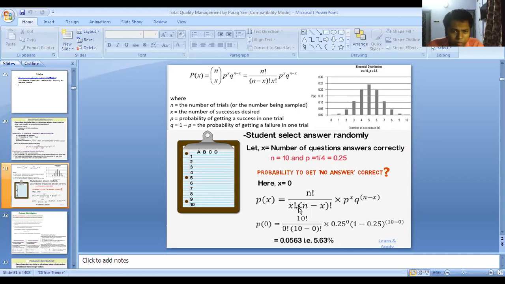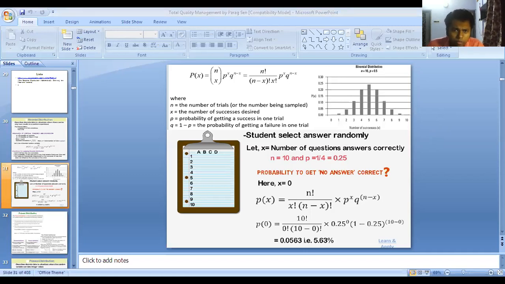In this way you can consider it. So that's why the binomial distribution is used for the P chart and NP chart, because you are considering the defective items.